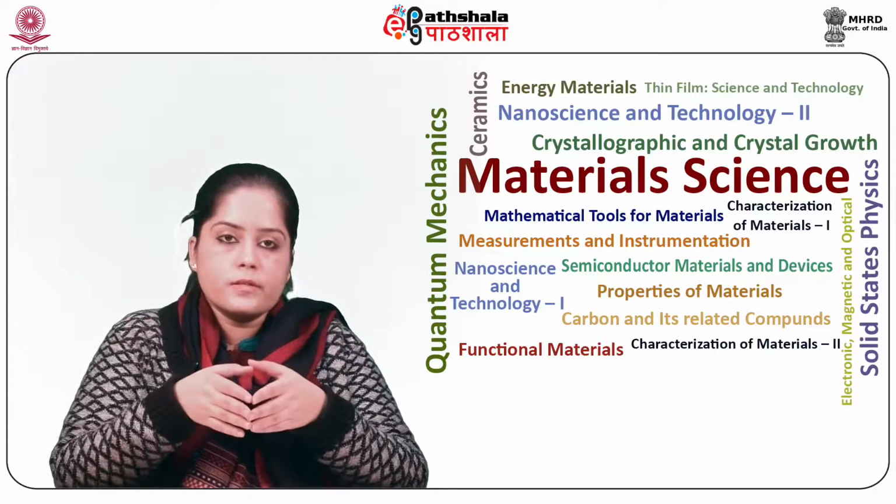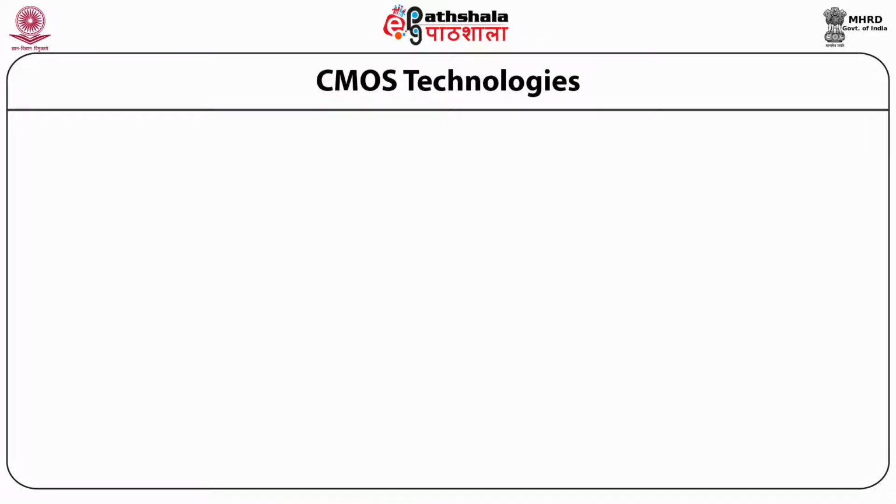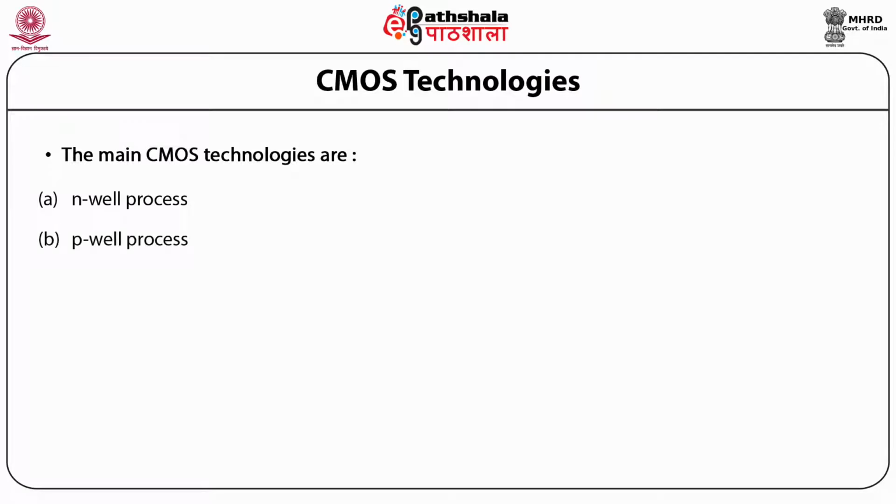CMOS technologies. The main CMOS technologies are the N-well process, P-well process, twin-well process, and lastly the triple-well process.